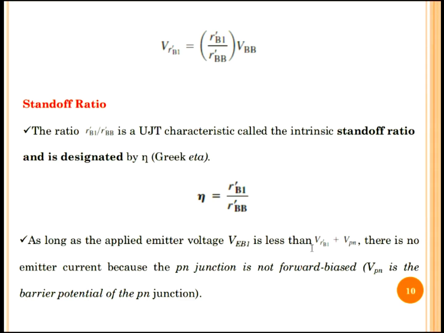So when you want to switch on the UJT device, the voltage we supply, VEB1, is supposed to be greater than this value. When it is less than this, the UJT will not work and will just stay in an idle condition. VPN is the barrier potential of the PN junction, we know that.